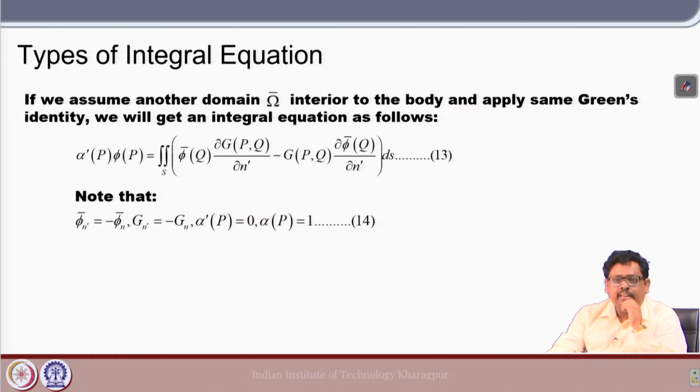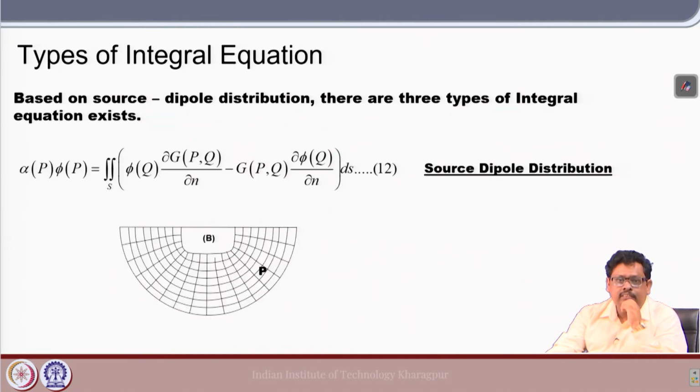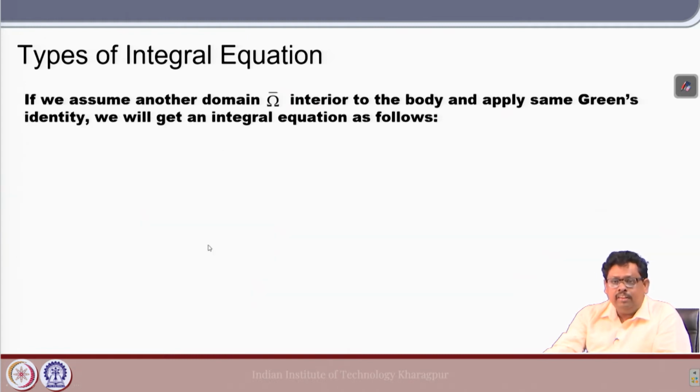In the previous case, the normal along this p is in this direction, inward to the fluid. Now, if you take it inward to the domain, somewhere inside the middle of the body B, then the normal should be inward to this. So, definitely the normal direction should be opposite. You have to understand this very well.